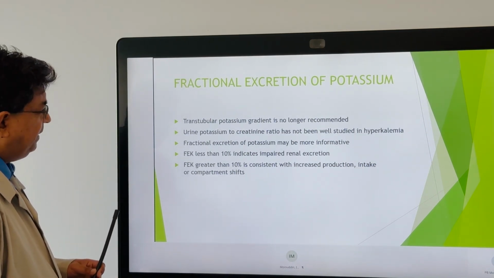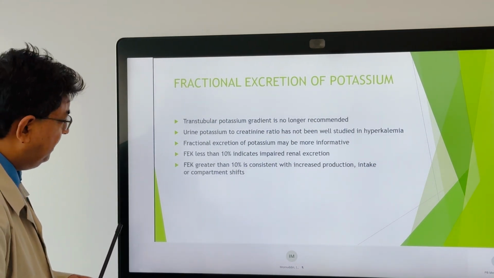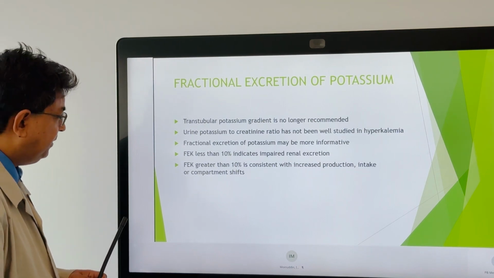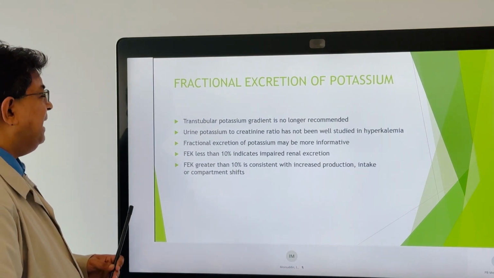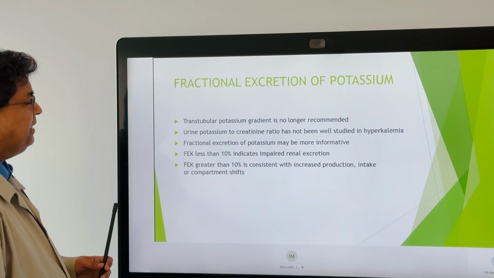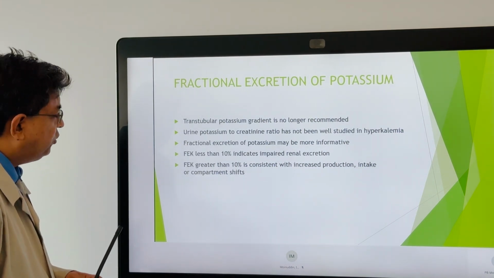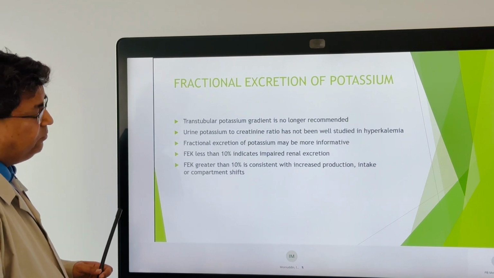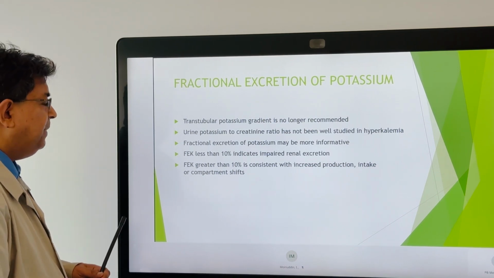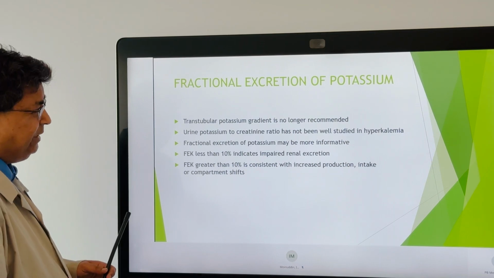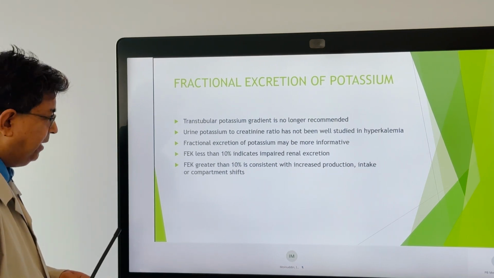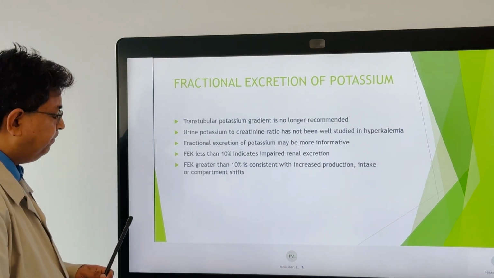The transtubular potassium gradient is no longer recommended, as we just discussed. The urine potassium to creatinine ratio has not been well studied in hyperkalemia. So what should we use to determine whether potassium secretion is adequate or inadequate for the clinical scenario?